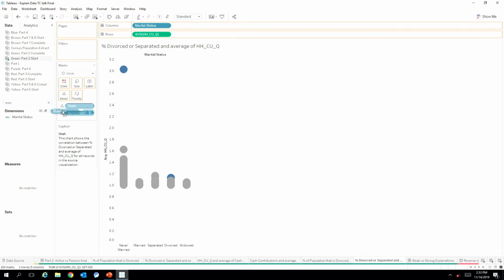And so now what this is telling you here is that in Utah, the cohort for which the number of consumer units per household is high is people who are not married. So no, it's very unlikely that the extended family situation is happening among unmarried people.